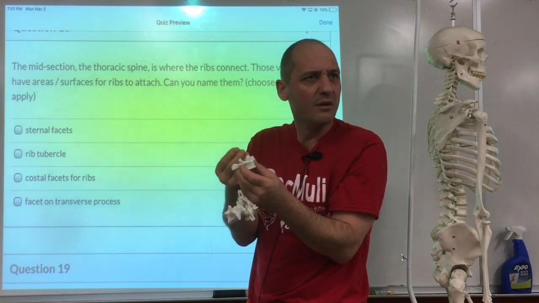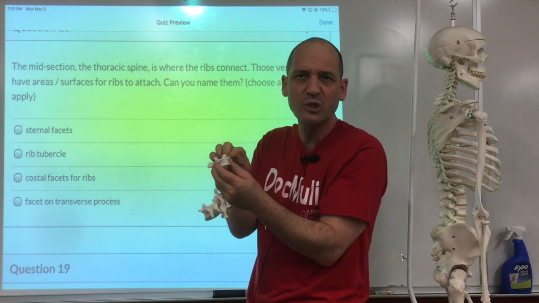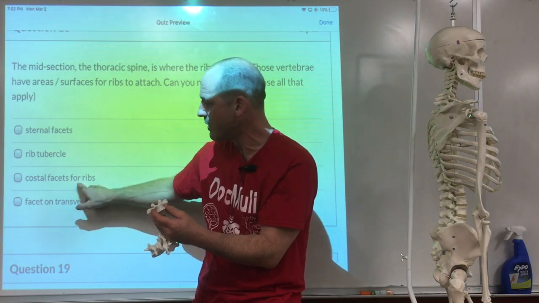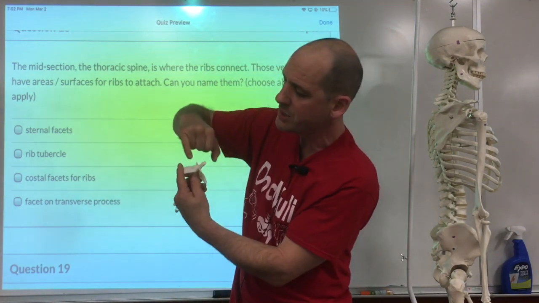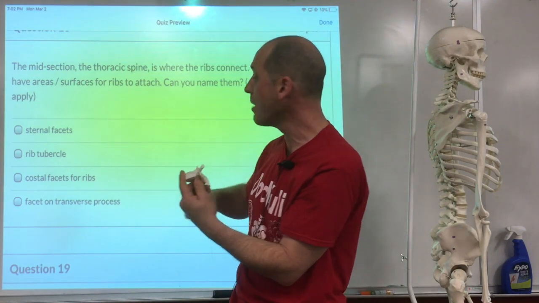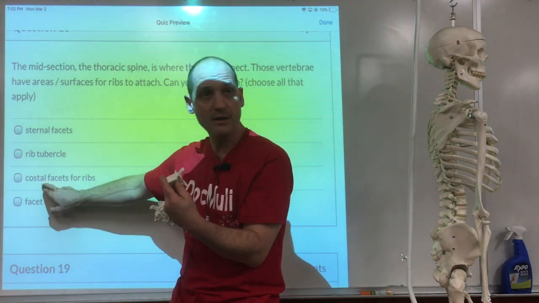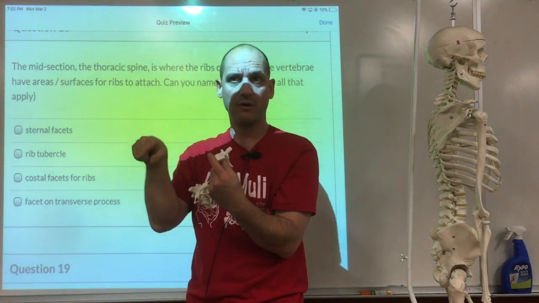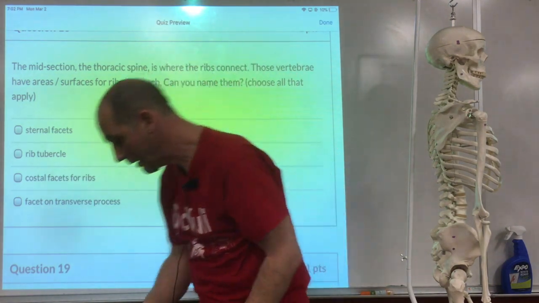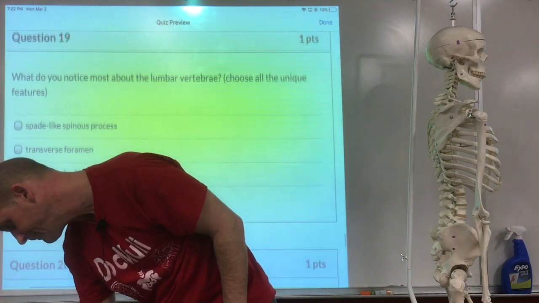On a real bony vertebra, you see it much more distinct. And then the costal facets for the ribs are the ones on the top and on the bottom. Sometimes they call them costal demi-facets. Demi means half, because there's a little bit on the top and a little bit on the bottom. All right? So that's the ribs.